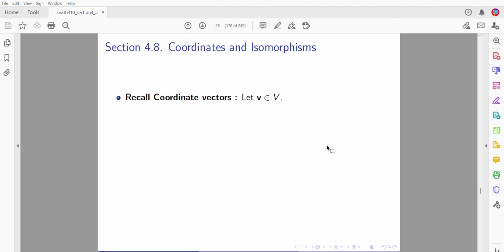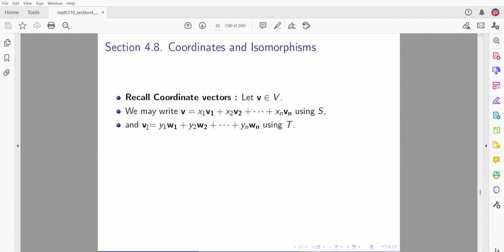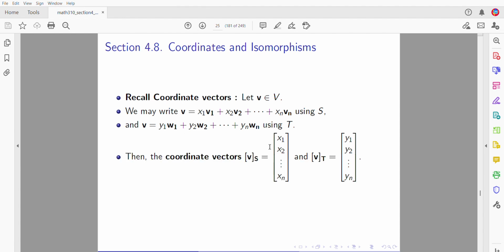Recall coordinate vectors. Any v can be written in a unique fashion as a linear combination of vectors from S. You may also write it as a combination of vectors from T. So the coordinate vector with respect to S is all these x coordinates. With respect to T are these y coordinates.